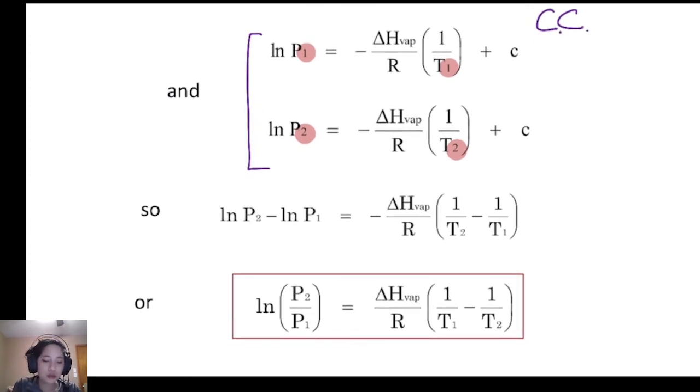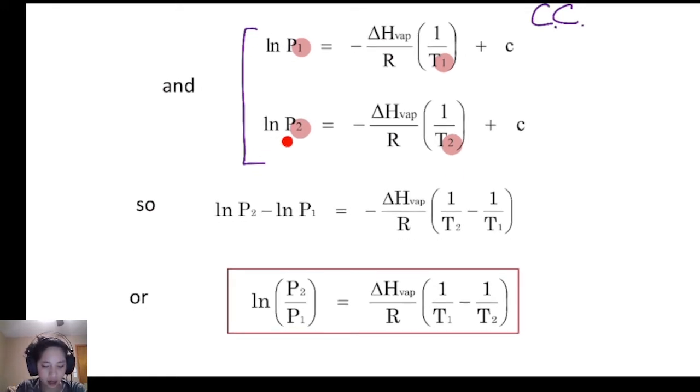If you use your logarithm rules, you can put these 2 equations together. You get that the natural log of pressure 2 minus natural log of pressure 1 equals negative delta H vap over R, times 1 over T2 minus 1 over T1.